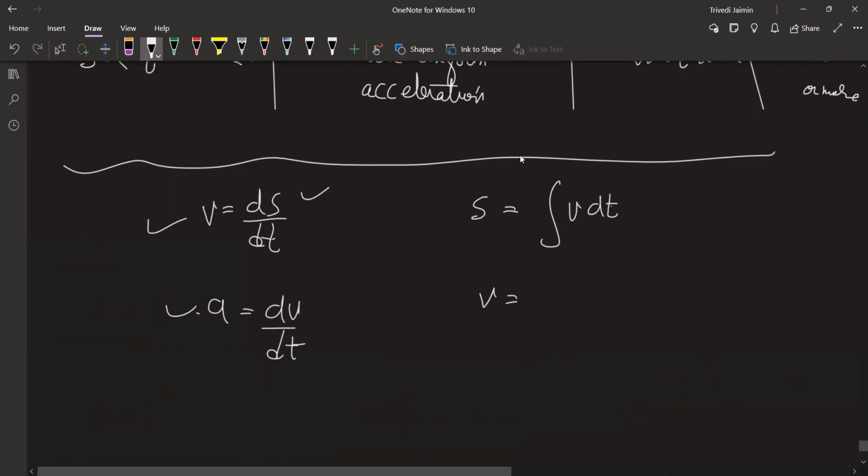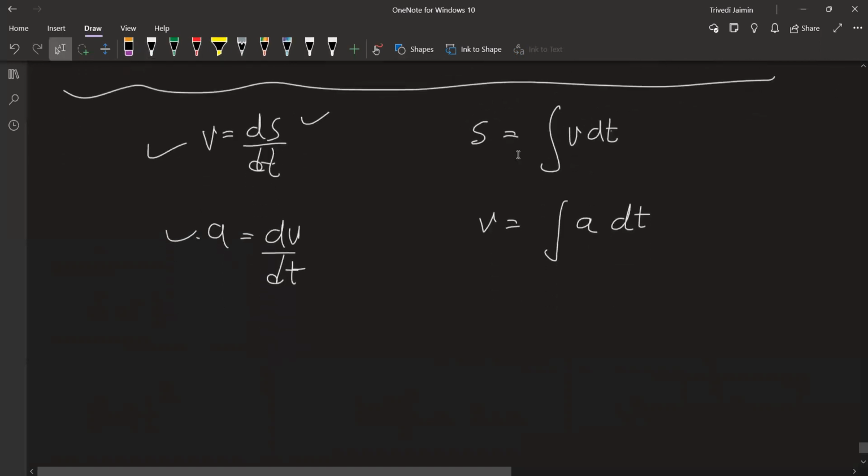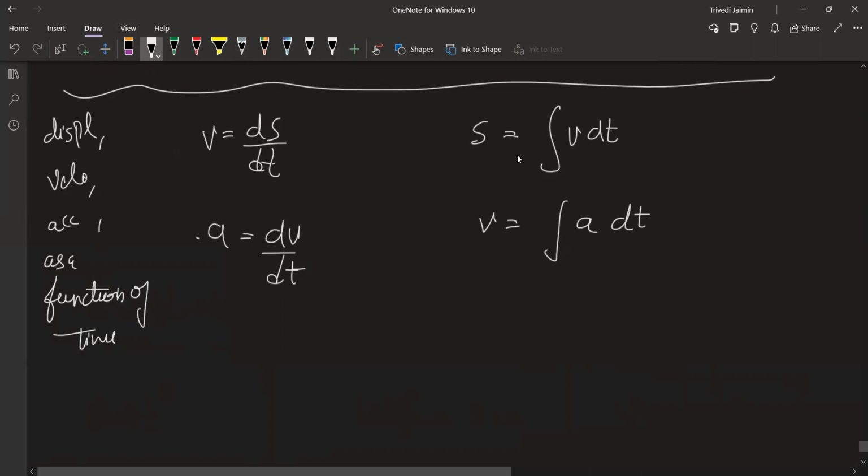Then if we want to find v from this equation, integrate a with respect to time. So these are all functions of t: displacement, velocity, acceleration as a function of time.